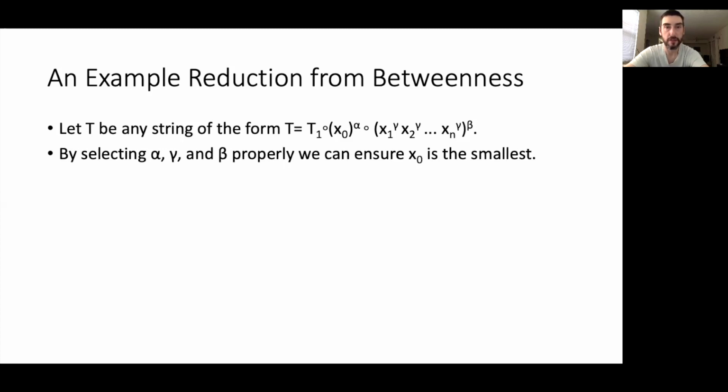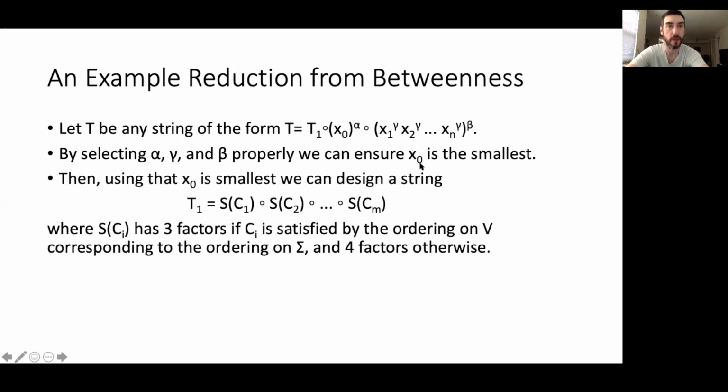And the reason we can do this is because if x0 was not the smallest symbol in the ordering, we would see that each of these would turn into at least two factors. So here, each of these beta substrings would be split and create a new factor somewhere inside of them. And so to have an optimal solution, x0 would have to be the smallest symbol.